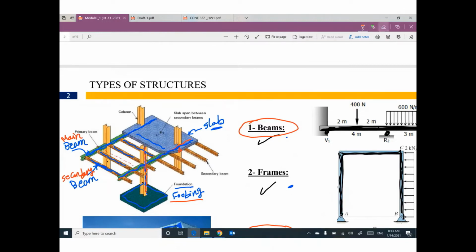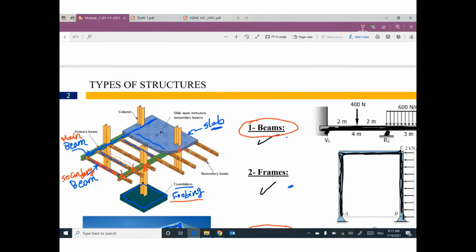So keep in your mind, this secondary beam will cause concentrated load here. This secondary beam will cause concentrated load here. That makes sense, because this secondary beam is supported by this main beam at this location.